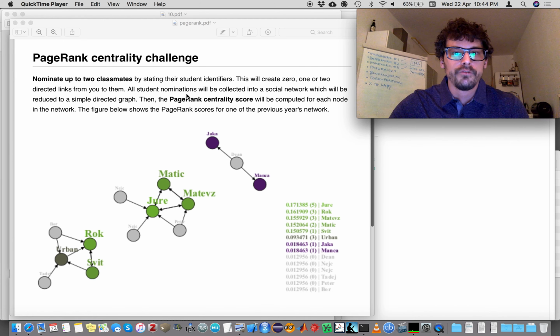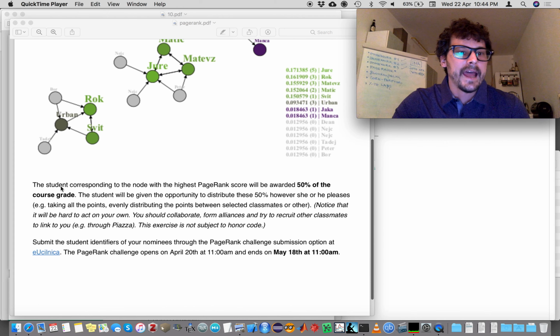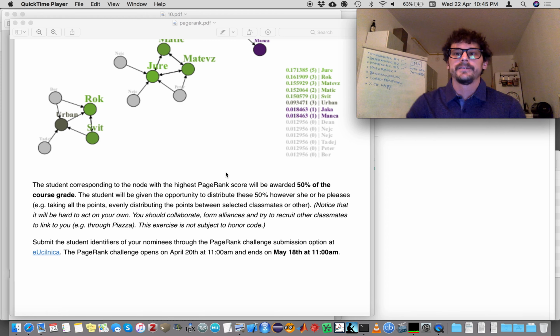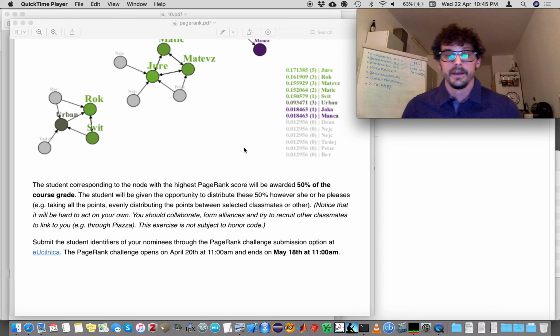Afterwards, I will compute the PageRank score of each node in the network. And the student that at the end gets the highest PageRank score will be awarded 50% of the course grade. And that student will be given the opportunity to distribute this 50% however she or he pleases.